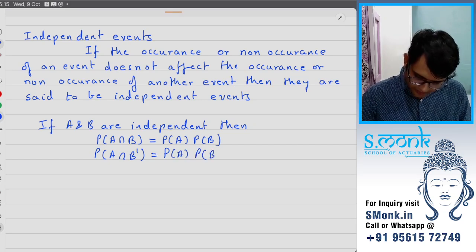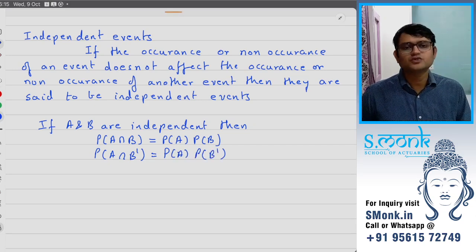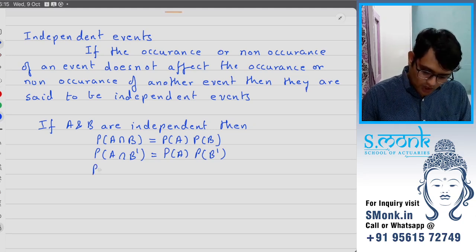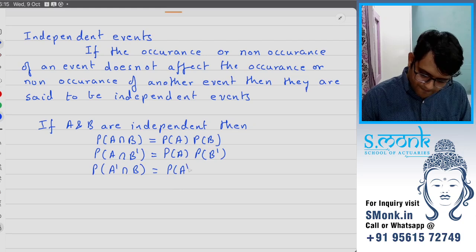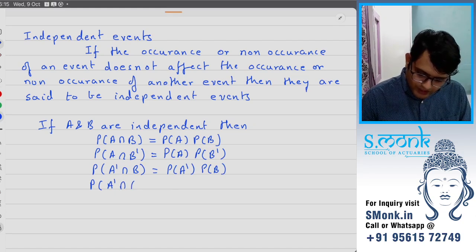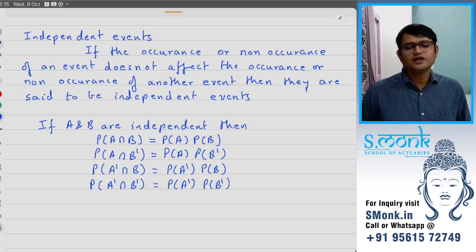So independent means occurrence of A does not affect non-occurrence of B, or non-occurrence of A does not affect the occurrence of B, or the last one, non-occurrence of A does not affect non-occurrence of B. They are independently occurring or not occurring.